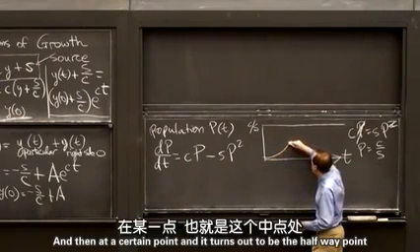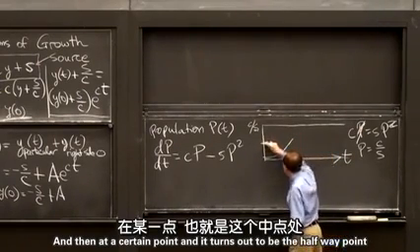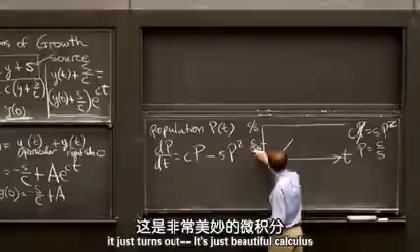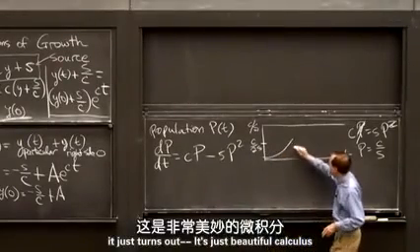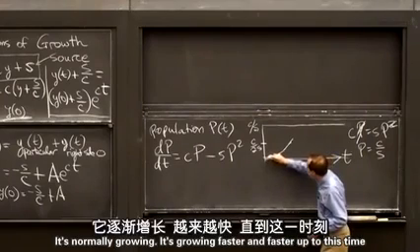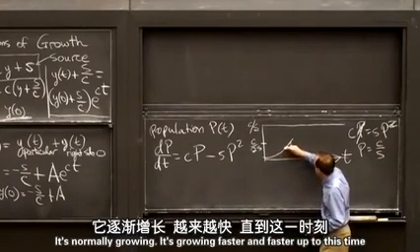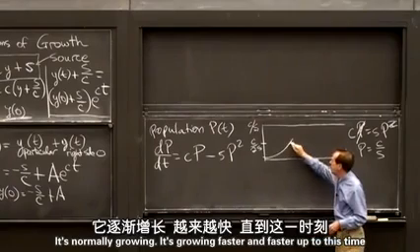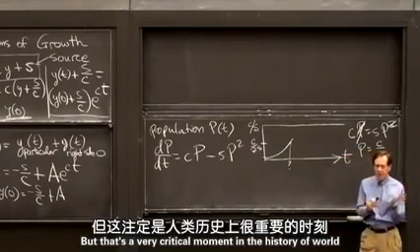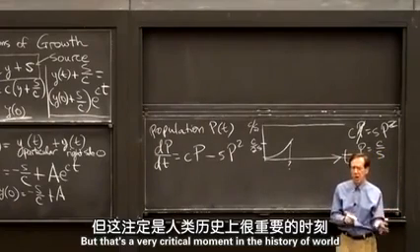and then at a certain point, and it turns out to be the halfway point, C over 2S, it just turns out, it's beautiful calculus, that's a point of inflection, so that it's not only growing, it's growing faster and faster up to this time. I don't know when that is, but that's a very critical moment in the history of the world.